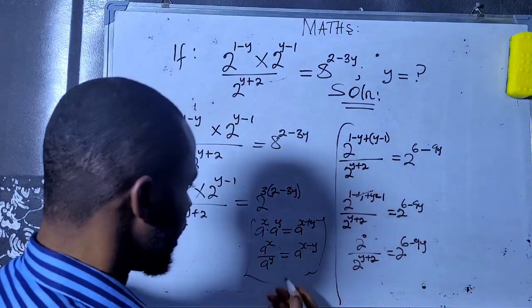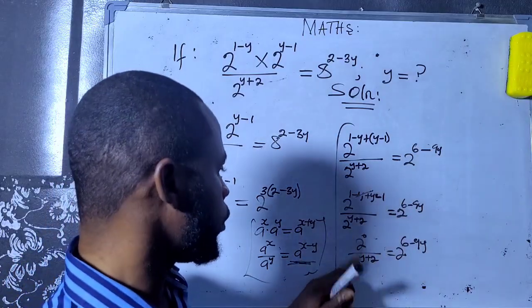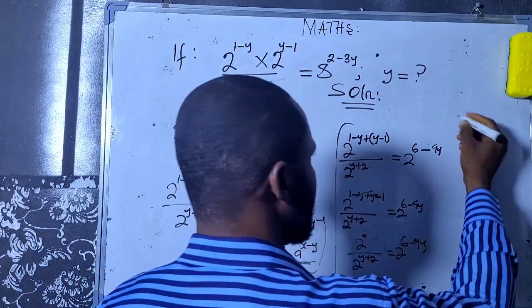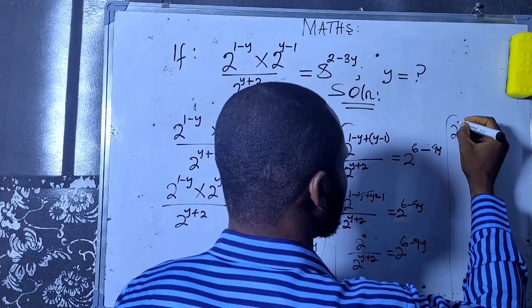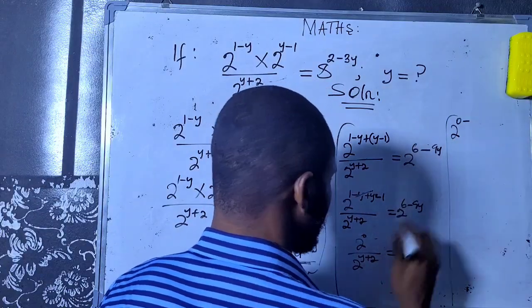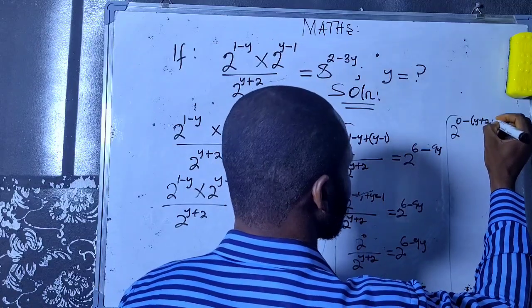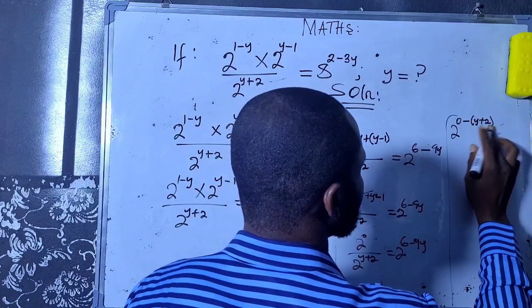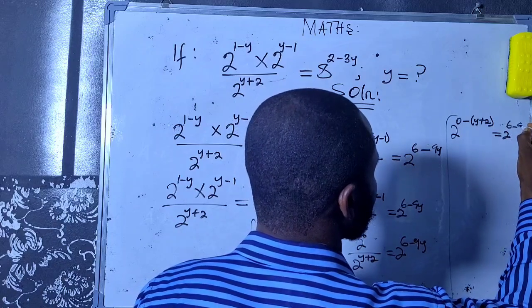Now we are going to apply this second law here. The same base, we subtract the powers. Then the equation becomes 2 to the power of 0 minus y plus 2, equals 2 to the power of 6 minus 9y.